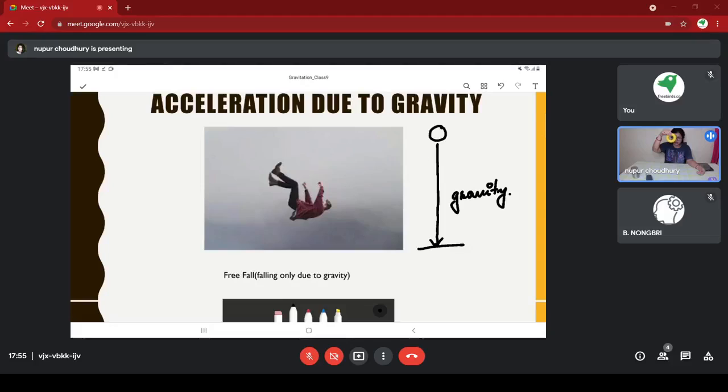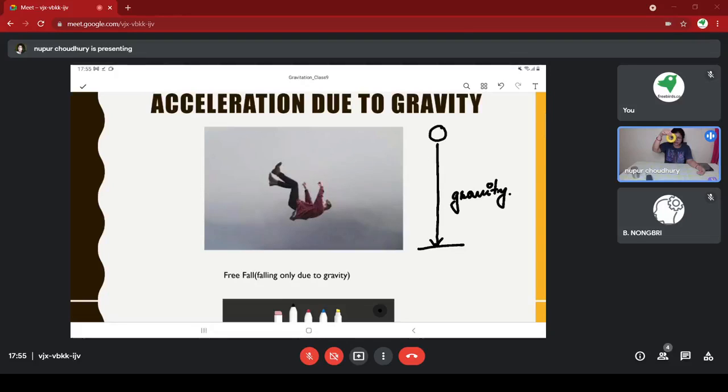If I apply some force to it, that is absolutely not free fall. But if we simply drop that particular object from a position, then this is free fall.